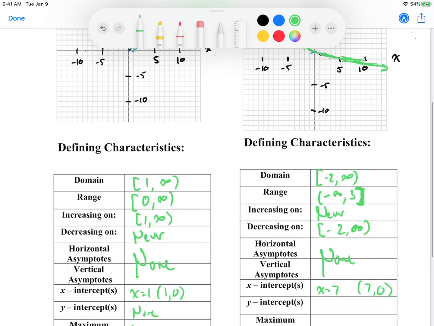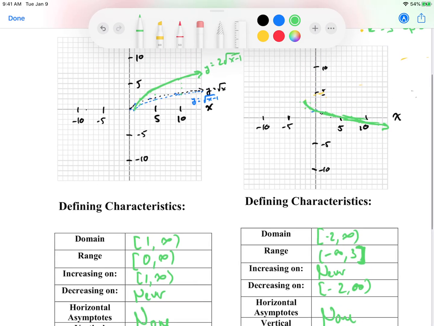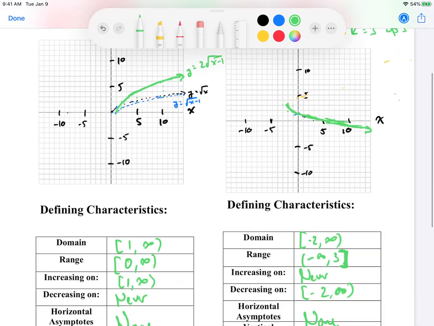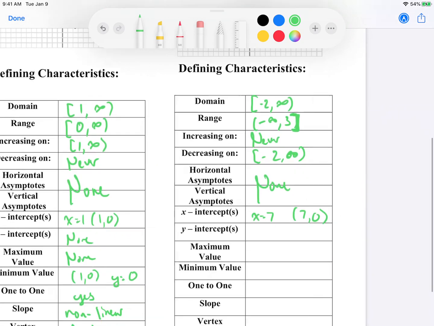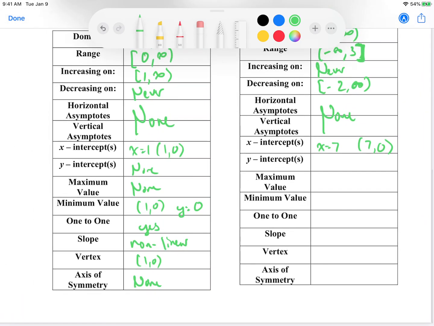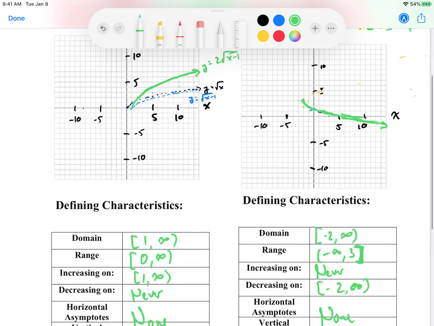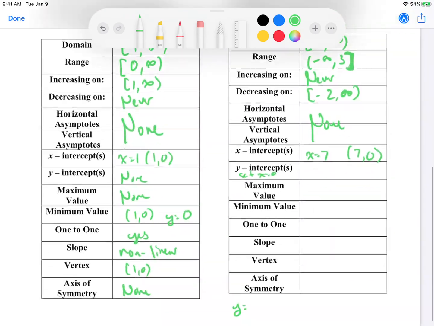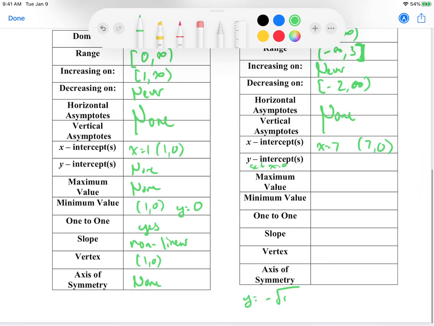Y-intercept, a little bit trickier. In order to find my y-intercept, remember we set x equal to 0. So I'll do that right now. So we have y equals negative square root of 0 plus 2, plus 3.